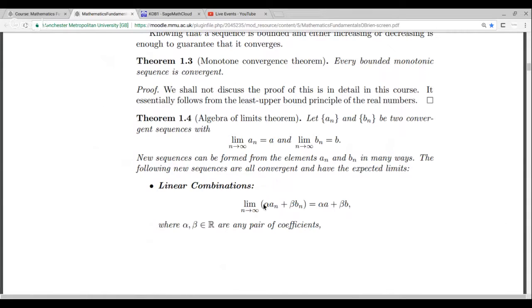So in order to prove this convergence, we have to show that the definition of convergence is satisfied for this statement. This is what we're trying to prove here in the green box.